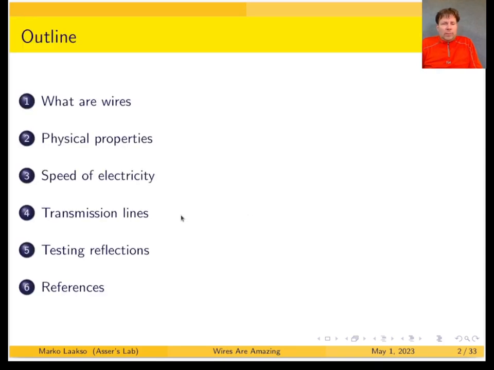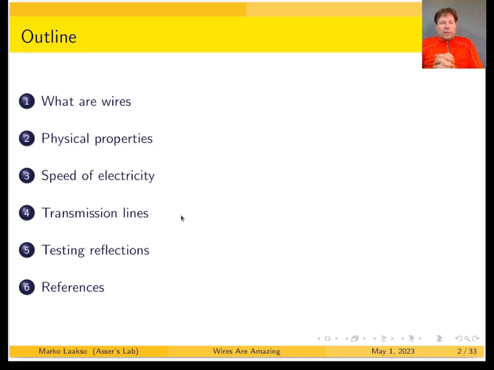Here's a rough outline for the presentation. First of all, we will have a look into different kinds of wires and their properties, how they differ, and what kinds of wires there are altogether. Then we will discuss shortly the speed of electricity and also the speed of electrons in this context.